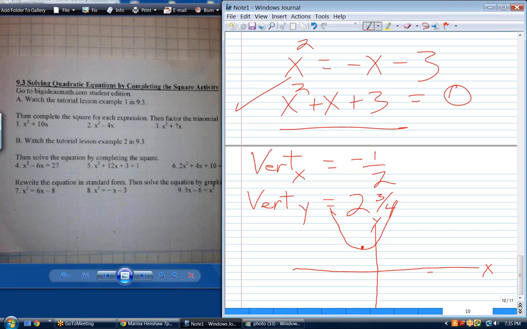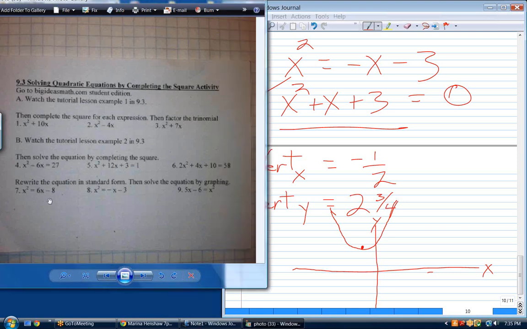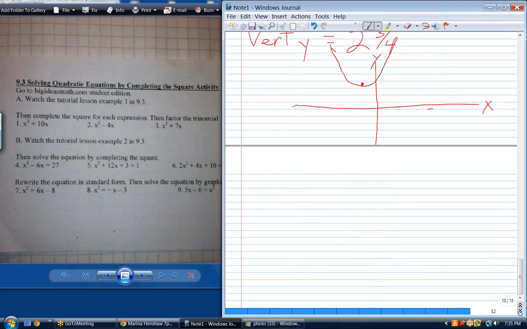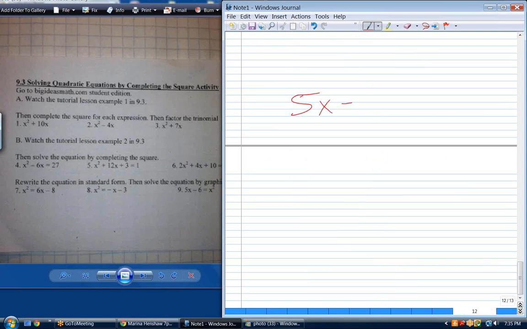Okay, so I kind of get why they're asking these 3 problems here. Let's do number 9 and see what it looks like. All right, so number 9, we got 5x minus 6 equal x squared. So what are we going to do here? What's standard format?